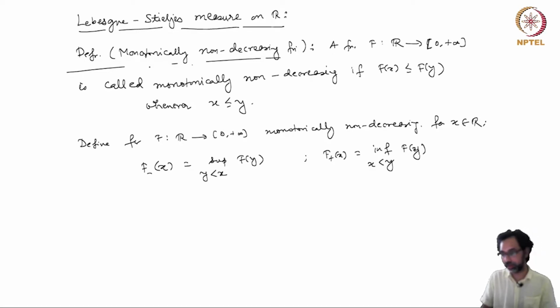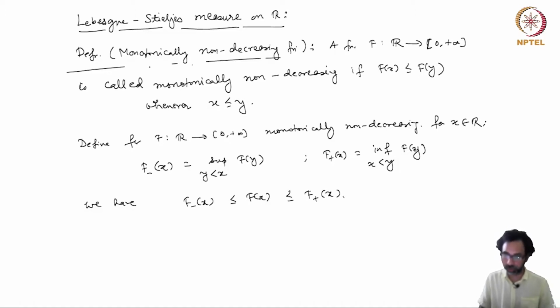And we have f minus of x is less than or equal to f(x) is less than or equal to f plus of x, because f is monotonically non-decreasing.